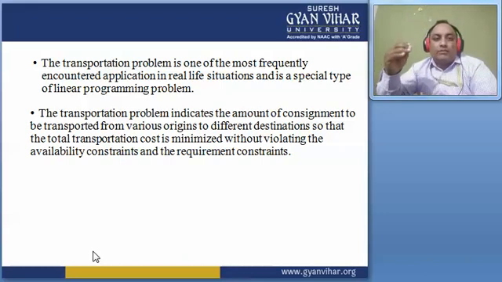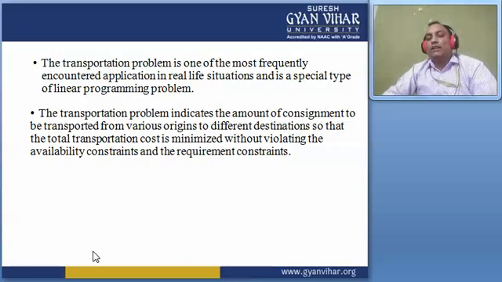And the transportation problem indicates the amount of consignment to be transported from various origins to different destinations, so that the total transportation cost is minimized, without violating the availability constraints and the requirement constraints, right?